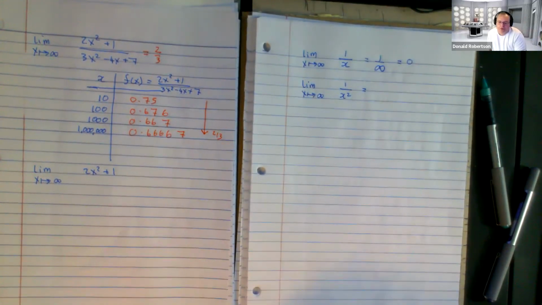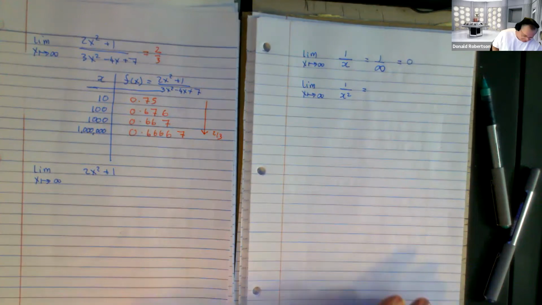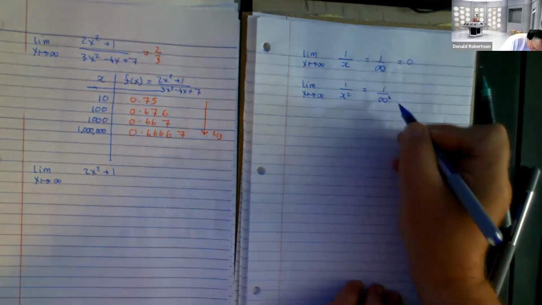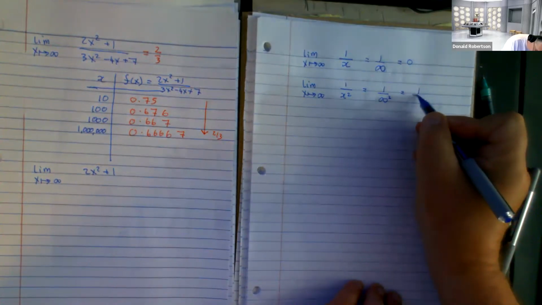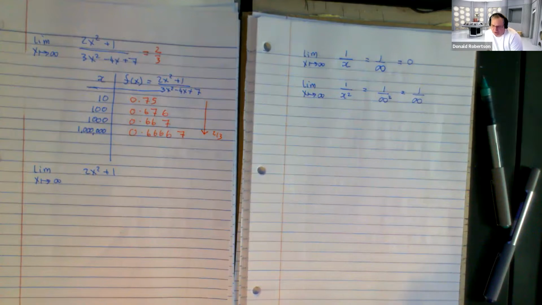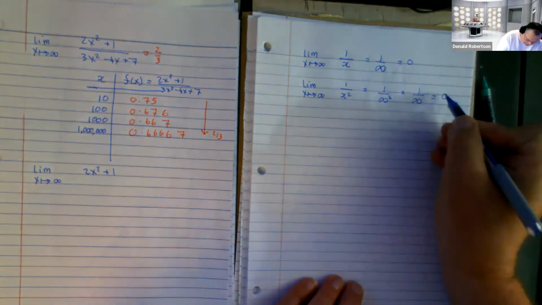Now, if you wanted to do 1 over x squared as x tends to infinity, that would become 1 over infinity squared, which I could just call 1 over infinity. See, infinity is a weird thing when you calculate it. Would you agree that infinity times itself is just infinite? It's not like 4 times 4 turns into something else, right? Infinity times infinity just turns into infinity. And isn't that 0?